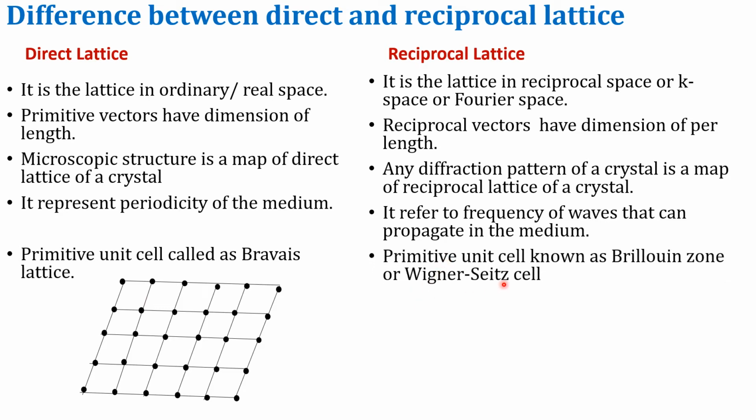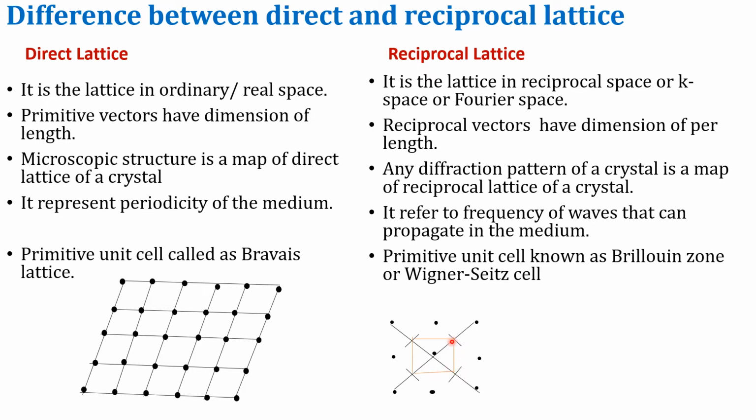In the reciprocal lattice, the primitive unit cell is known as the Brillouin zone or Wigner-Seitz cell. How do we construct the Wigner-Seitz cell in the reciprocal lattice? Firstly, draw lines to connect a given lattice point to all nearby lattice points, and at the midpoint and normal to these lines, we draw new lines or planes.